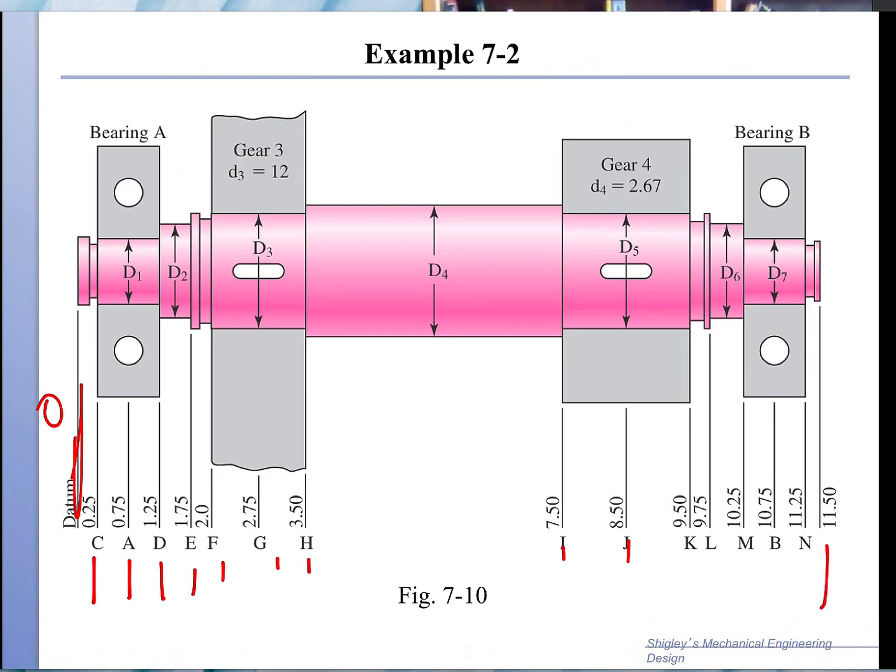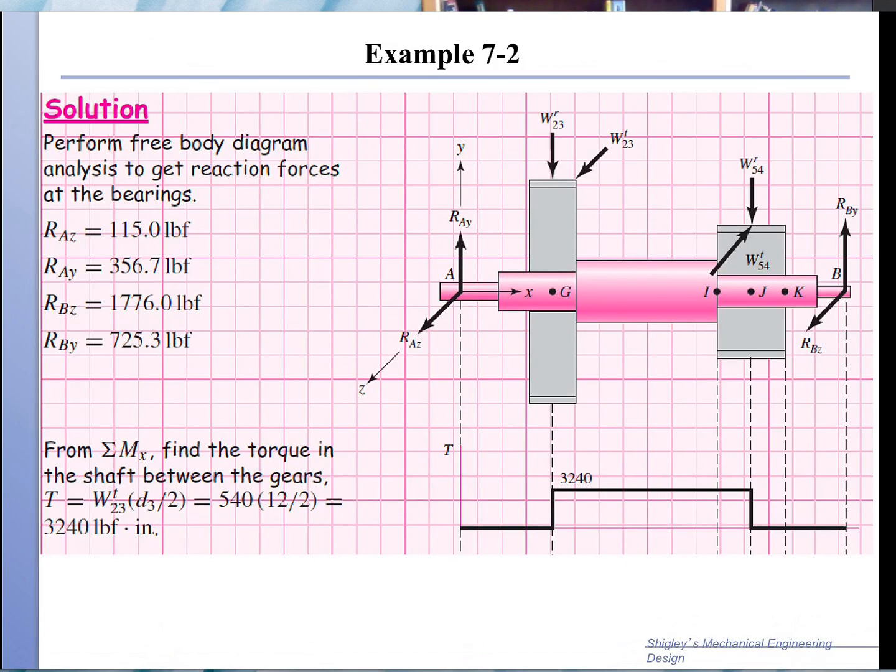All of the dimensions are from the datum 0. So we have the axial locations of all points on that system. And we're going to give the points letters A, B, C, D, and so on up to here and at the other end. So the process begins with a free body diagram as usual.